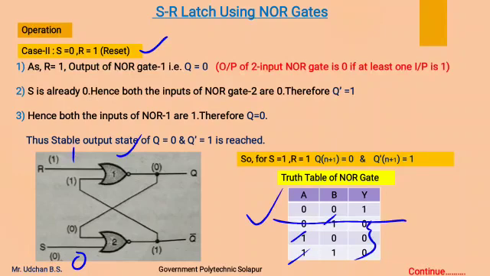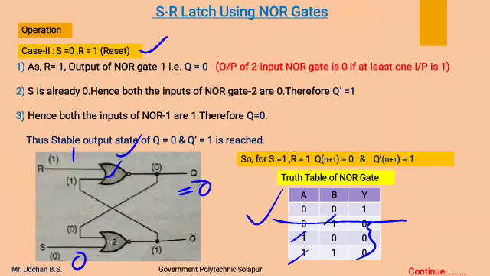Therefore the NOR gate 1 is having at least one input as a 1, that is R is equal to 1. Therefore output of NOR gate 1, Q, will become 0.